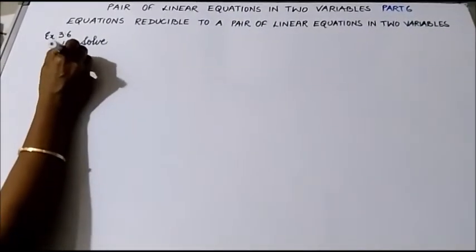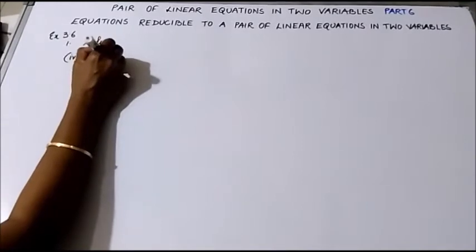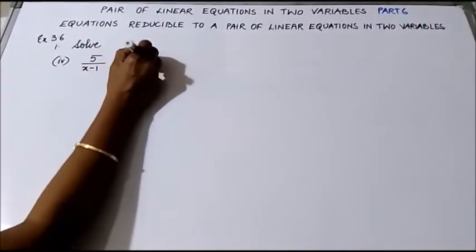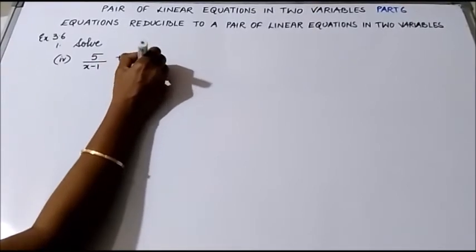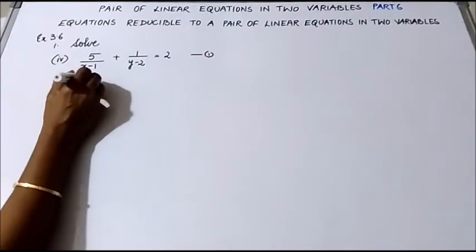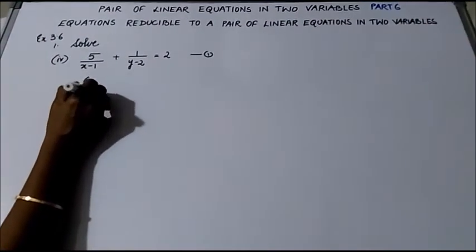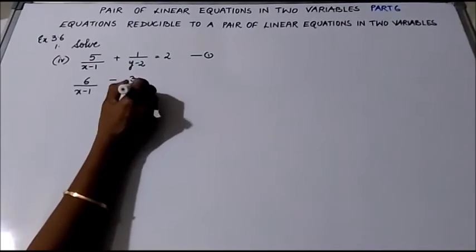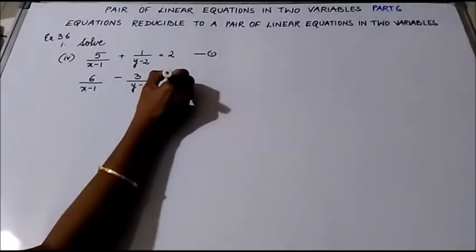Now the fourth question. 5 by x minus 1 plus 1 by y minus 2 is equal to 2. This is the first equation. The second is 6 by x minus 1 minus 3 by y minus 2 is equal to 1.